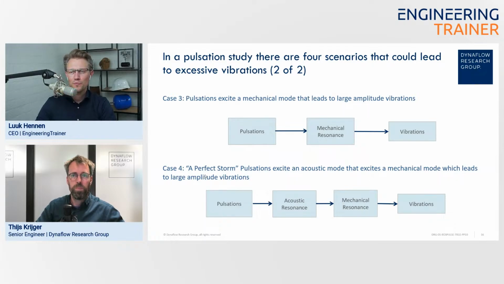And when it comes to mitigation, you already mentioned some. You mentioned stiffening the system, stiffening your support arrangement. That would, in any case, help, I guess, in any of these scenarios.